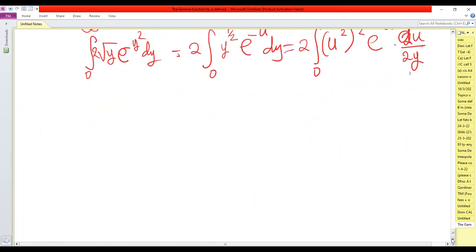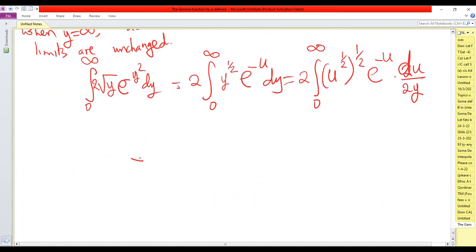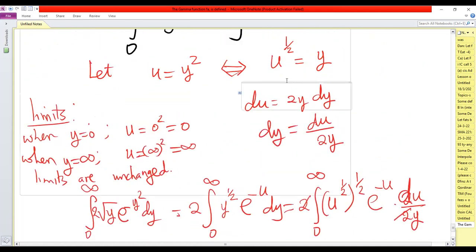So these two and these two cancel out. So we'll have the integral from 0 to infinity, u raised power quarter, e raised power minus u, and then du over y, where y alone is the same as u raised power half.